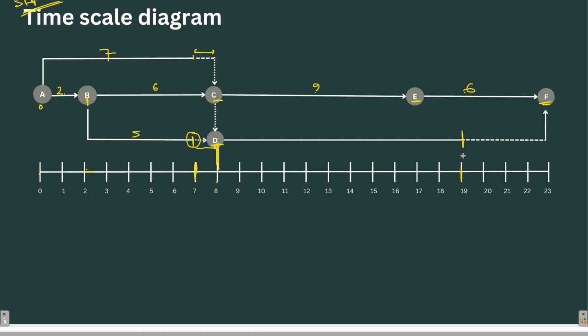And after that, I have drawn with a dashed line to connect till F, which means that it is a float for this activity, DF. This is the surplus time, extra time. Okay. The concept of float and slack I have also already taught in the previous lectures. So please go through that.